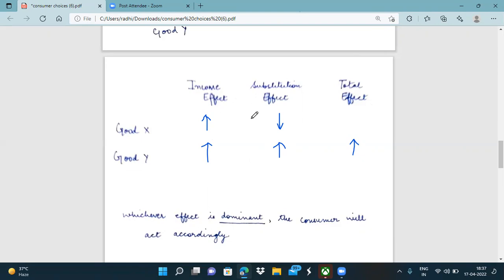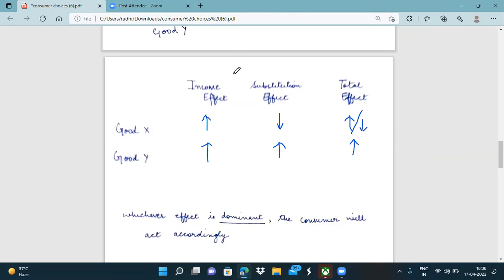But in case of good X, the income effect states that the consumer must increase its consumption, but the substitution effect states that the consumer must decrease its consumption. So the total effect can be either increasing or decreasing.